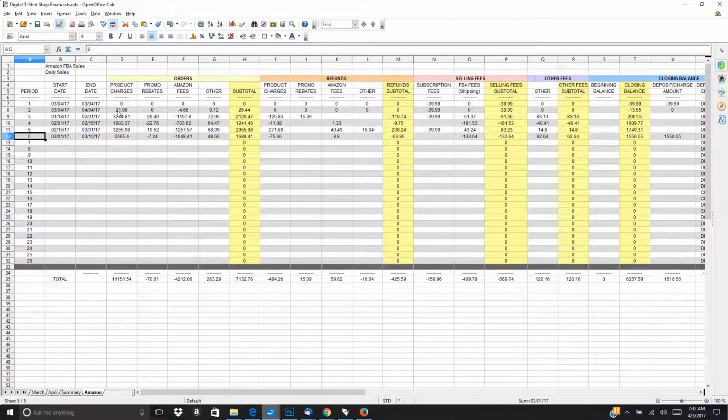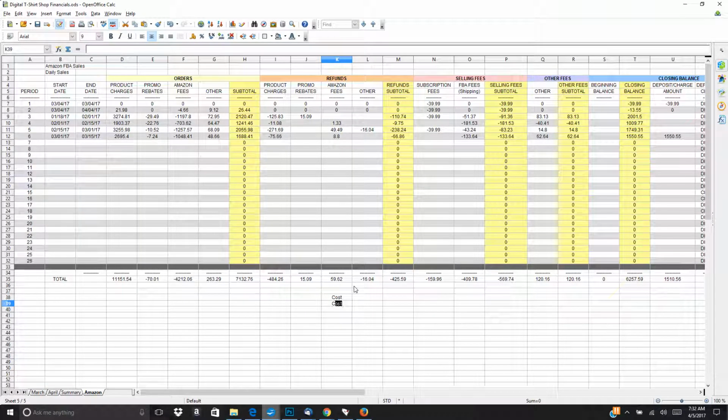So if we were to look at one of these FBA accounts, for example, this particular period, we had sold $26.95 in sales, had $1,048 in fees. Now, these fees, if you think about how FBA works, with FBA sales, you have your cost of what it cost you to buy the product.